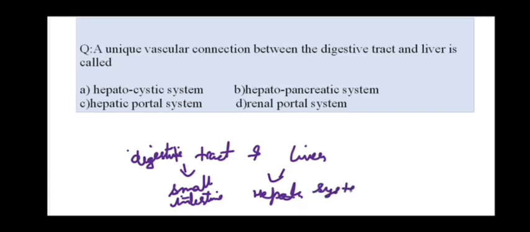So if we see these two terms, the correct option related to it will be the C option, that is the hepatic portal system. This was the correct option here.